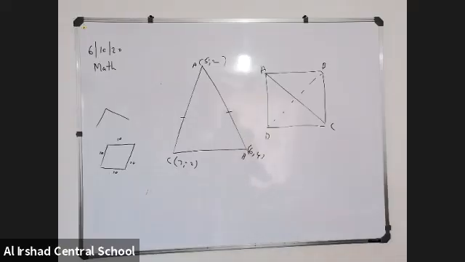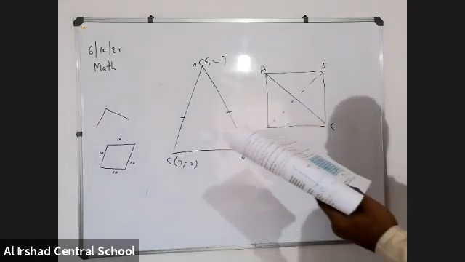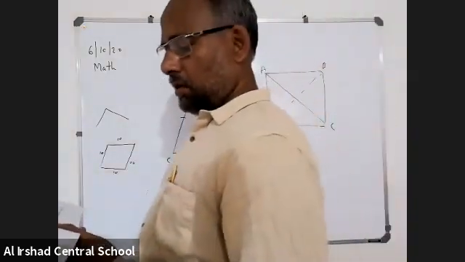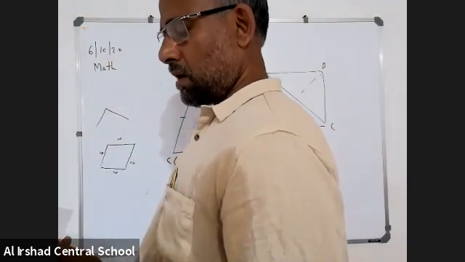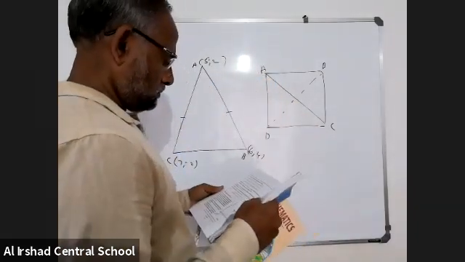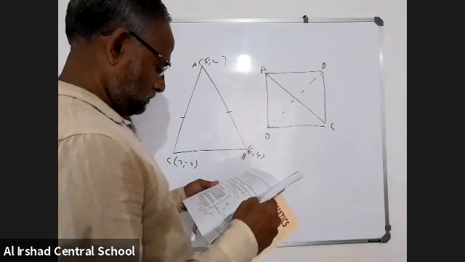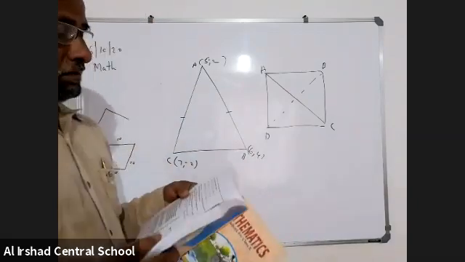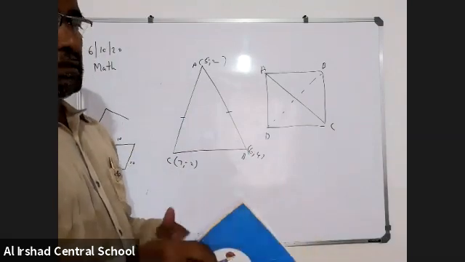Find the point on the x-axis which is equidistant from (2, -5) and (-2, 9). Okay, find out the point. Now all of you check example 5, page number 160.